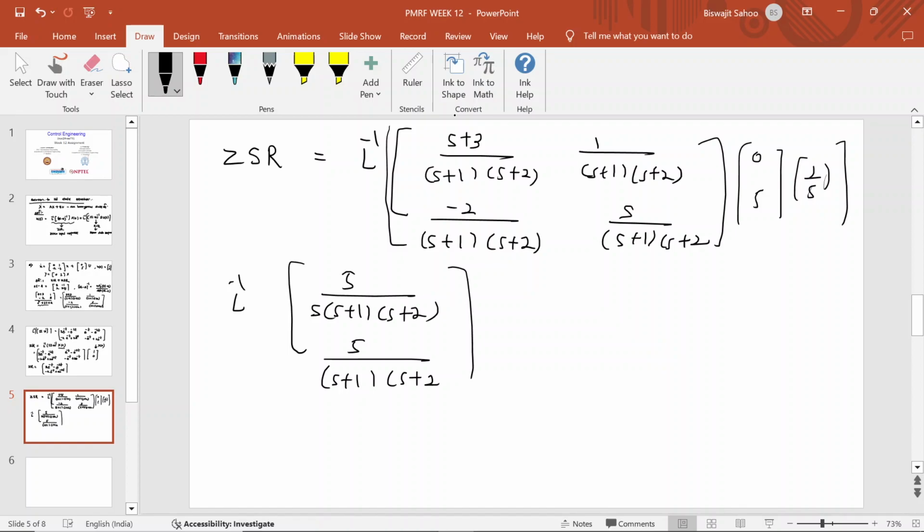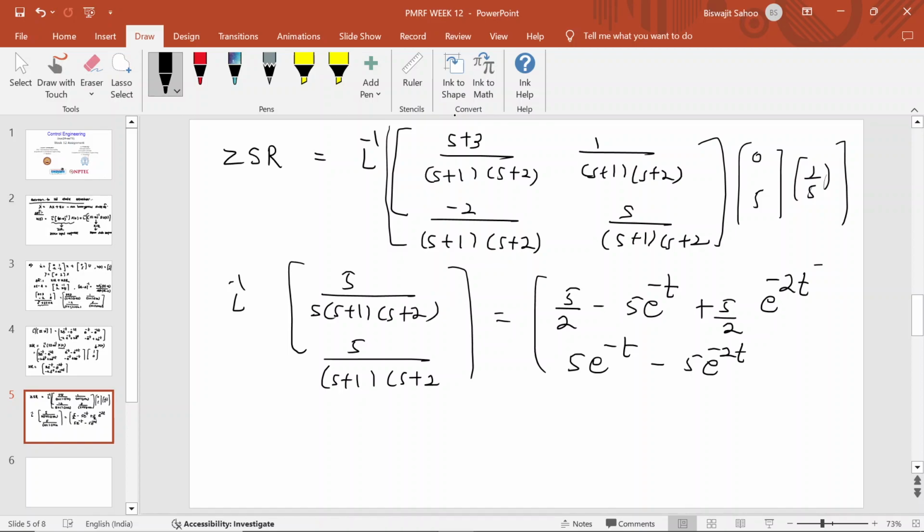You take the L inverse of this separately. Use partial fractions. I'm not doing it here because you know how to do partial fractions. I'm just writing the answer for this. Plus 5 by 2 e to the power minus 2t, and 5 into e to the power minus t minus 5 into e to the power minus 2t. This is your ZSR.